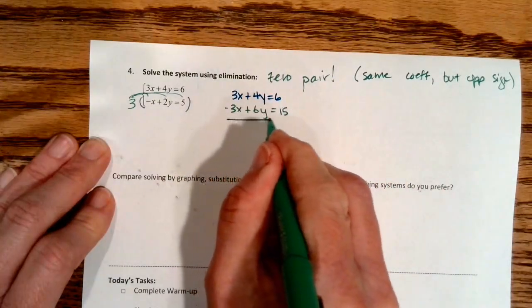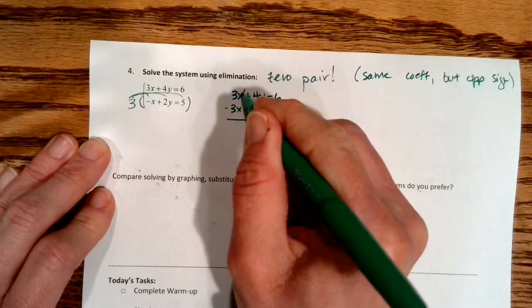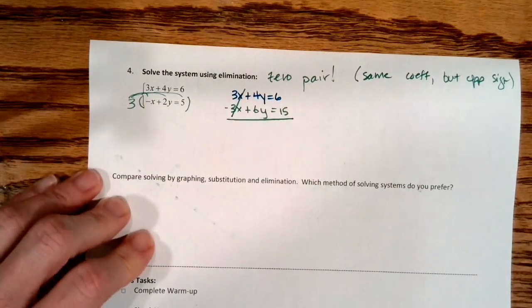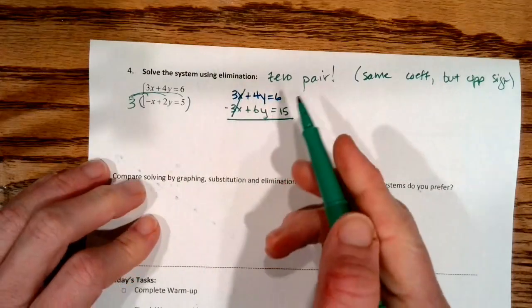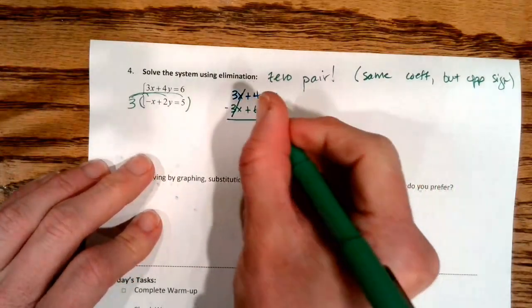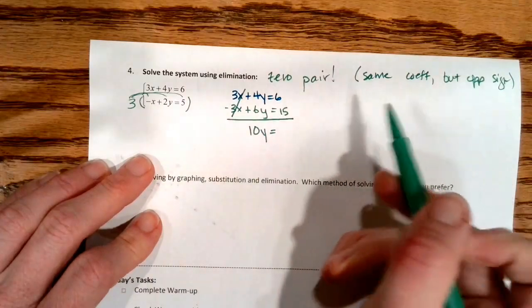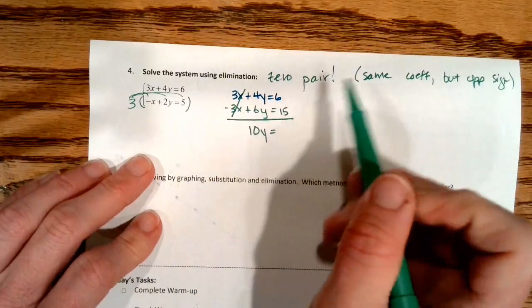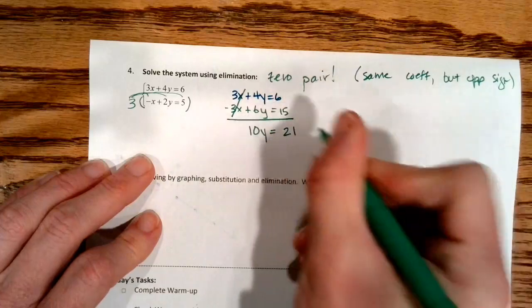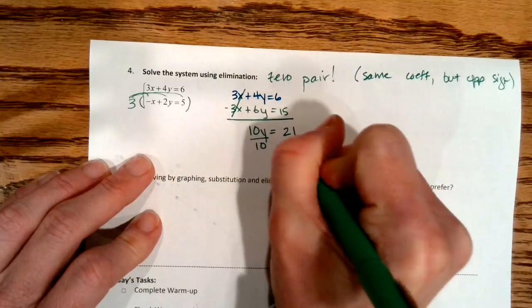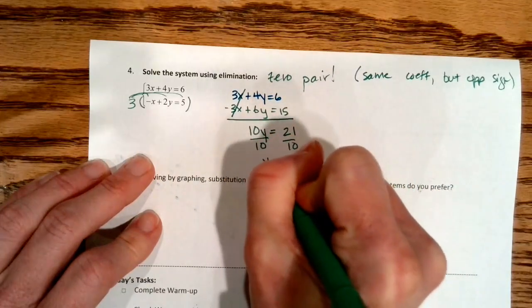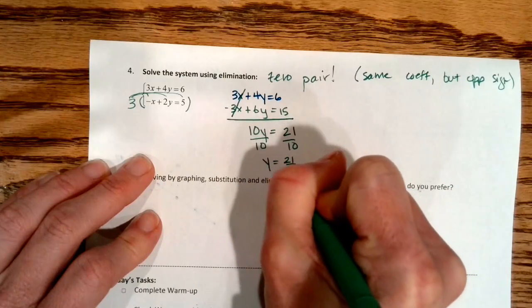When I go ahead and I add, notice these 3 x's are a zero pair. My positive and my negative cancel out. 4y's plus 6y's is 10y's. And 6 plus 15 is 21. Divide each side by 10. And I get y is equal to 21 over 10.